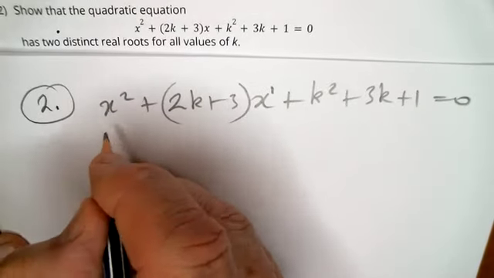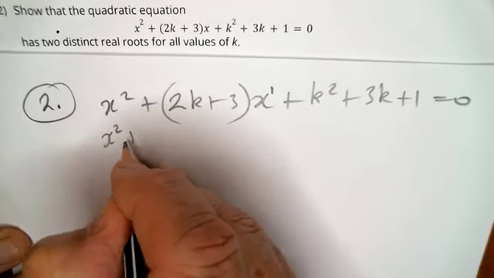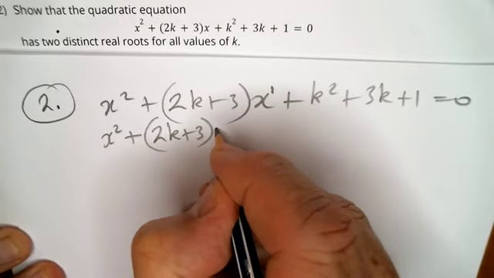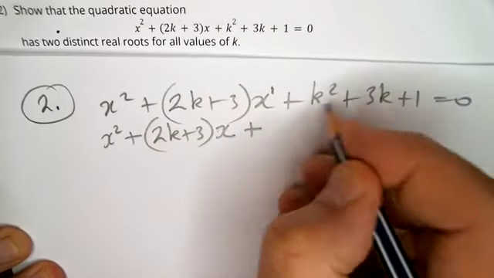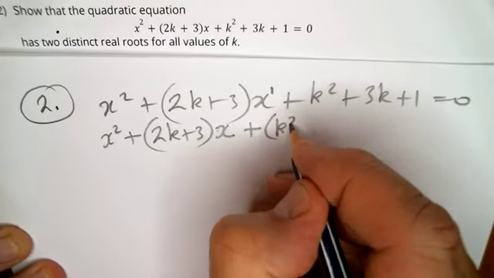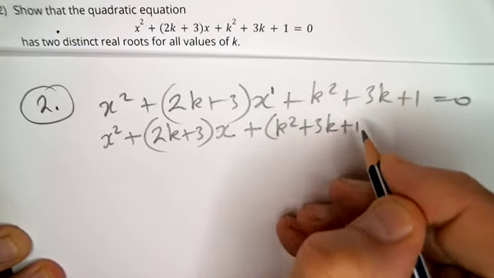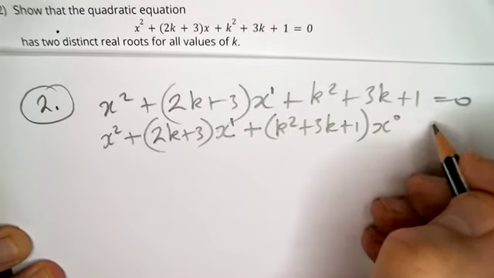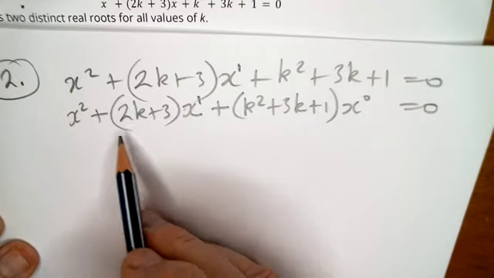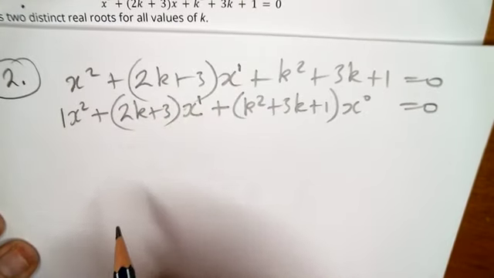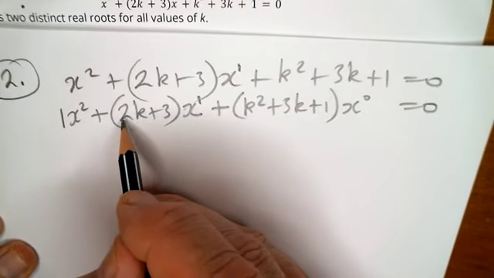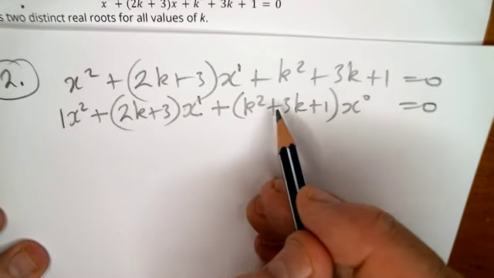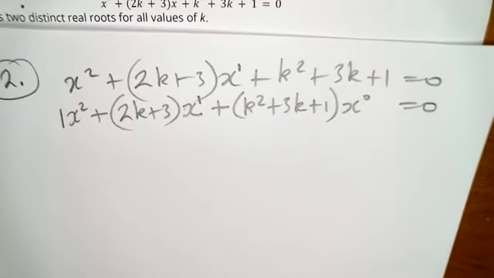So really you could actually rewrite this as x squared plus (2k plus 3) as a coefficient of x plus, and I'll put this in brackets here, (k squared plus 3k plus 1) x to the 0, this is x to the 1, is equal to 0. So you've got a coefficient for x squared, which is a 1, a coefficient for x to the 1, which is 2k plus 3, and a coefficient for x to the 0, which is k squared plus 3k plus 1. That's the way to think about this.